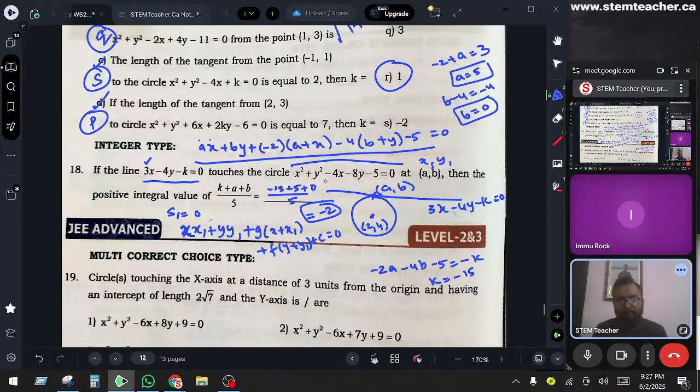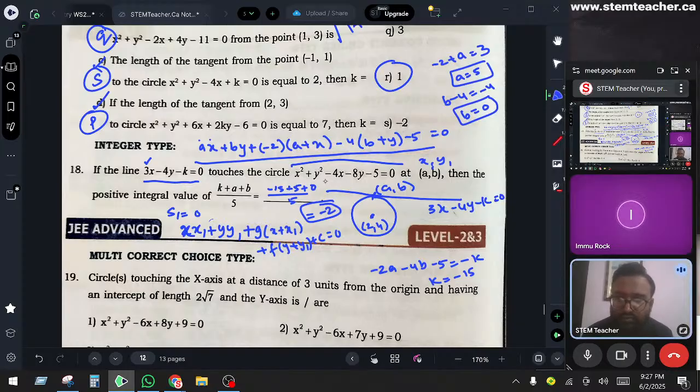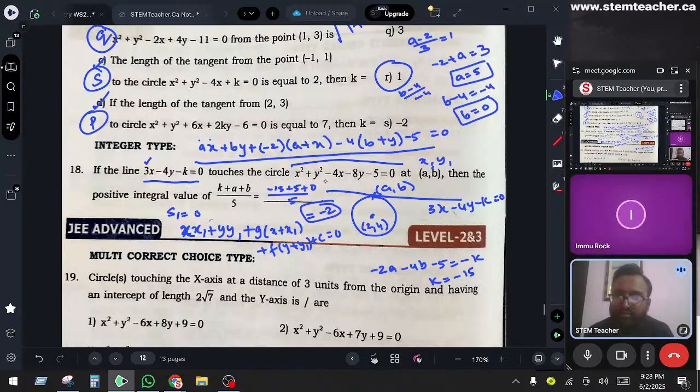Where did we make a mistake? Okay, a - 2 by 3 is equals to 1. b - 4 by -4 is equals to 1.